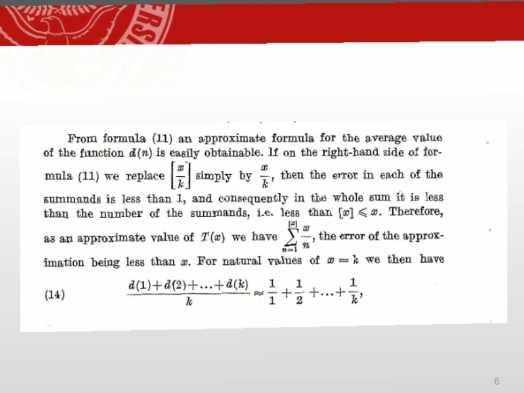For natural values of x equals k, we then have d of 1 plus d of 2 plus dot dot dot plus d of k, over k, is approximately equal to 1 over 1 plus 1 over 2 plus dot dot dot plus 1 over k.